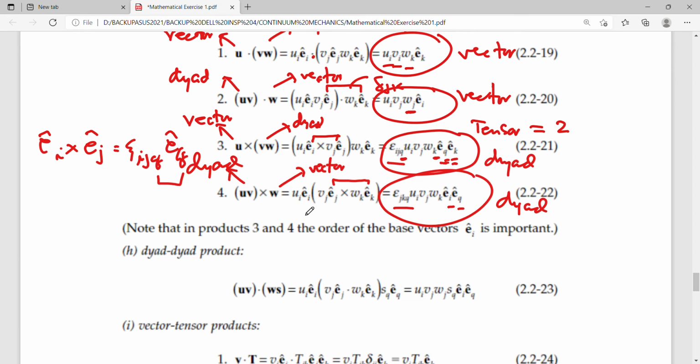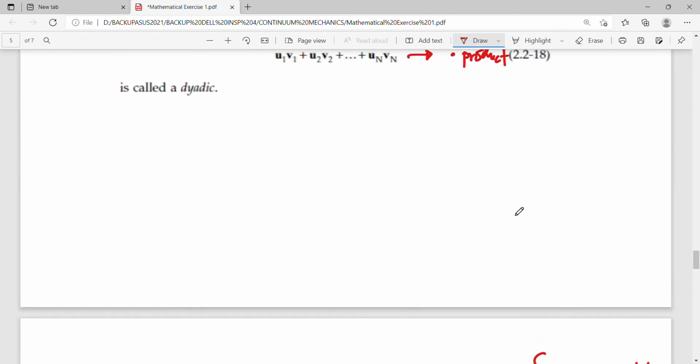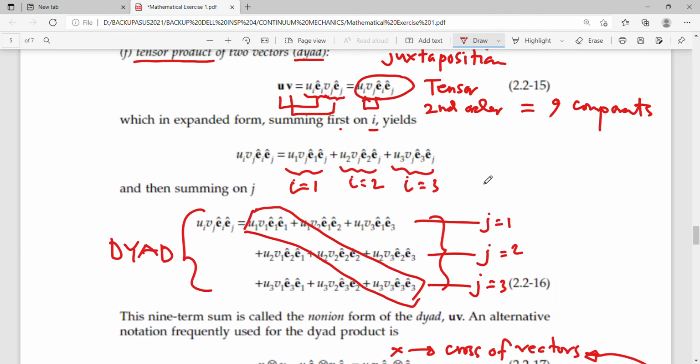So if it is a three-dimensional vector or position or direction in space, then you have a nonion form of this dyad. So you have this form in terms of the expanded notation. Okay?